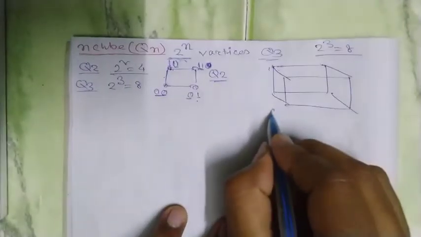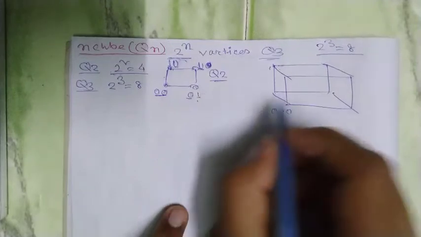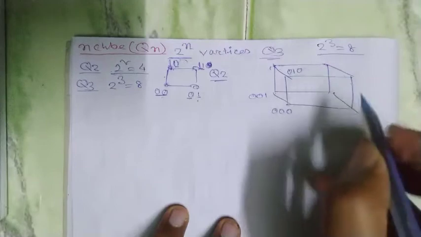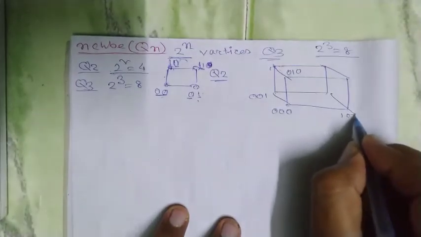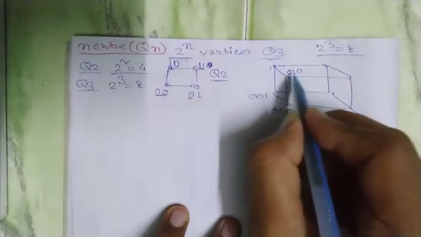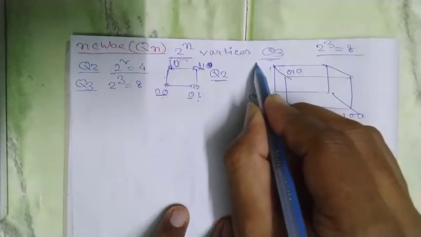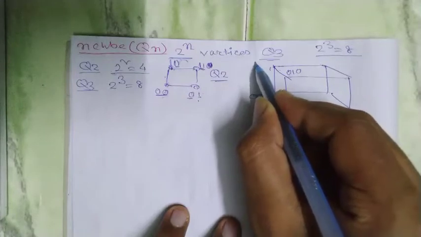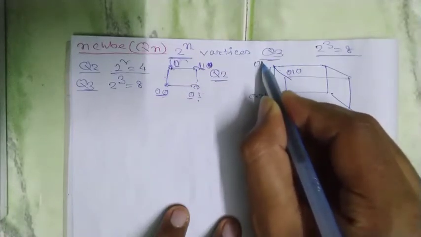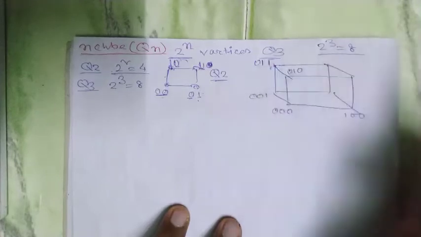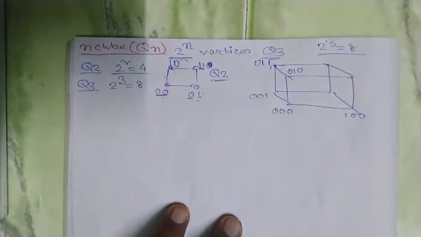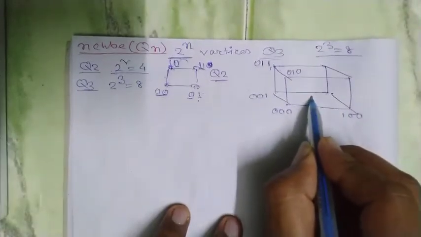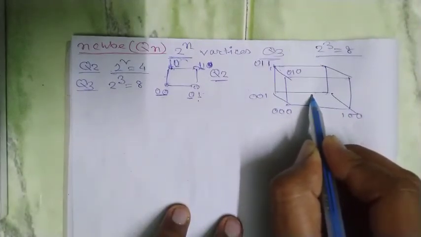So we can represent them like this: 0 0 0, 0 0 1, 0 1 0, 1 0 0, 0 1 1. Okay. And this thing we can write as, I will explain how I am writing these things.